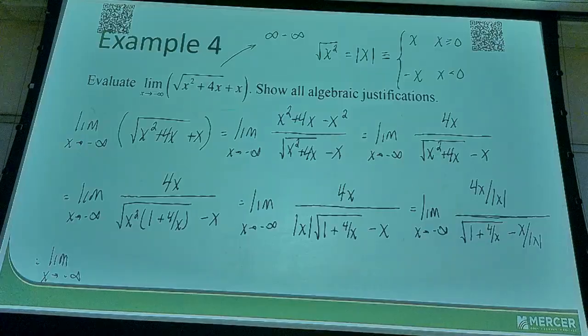Absolute value of x becomes negative x because x is less than 0.